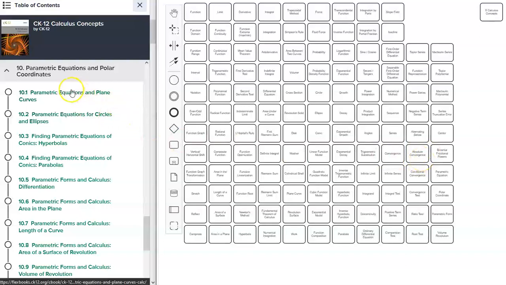So we have parametric equation, a plane curve. We have that here somewhere, plane curve.